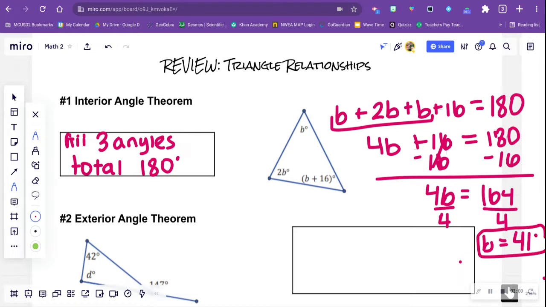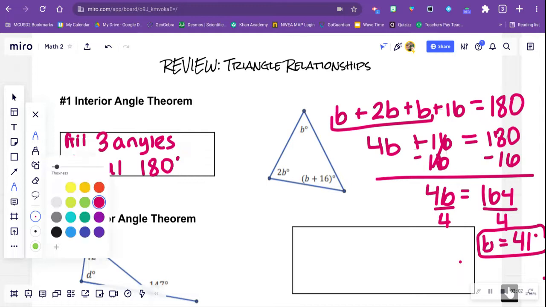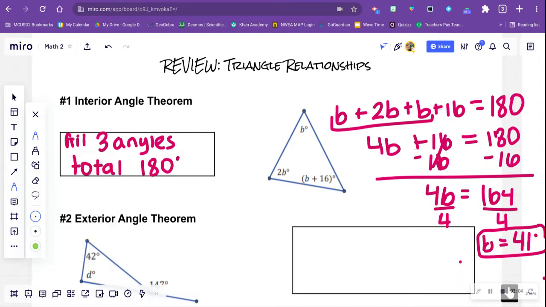And so if I wanted to, I could plug that back in to my triangle and find all 3 angles. So b is 41, so that means that top angle is going to be 41. The 2b angle, 2 times 41, that's 82. And then the last angle, 41 plus 16, is going to give me 57.